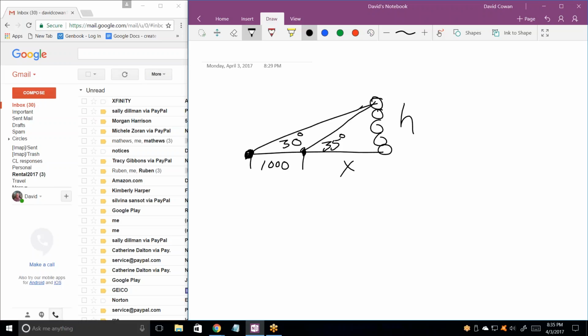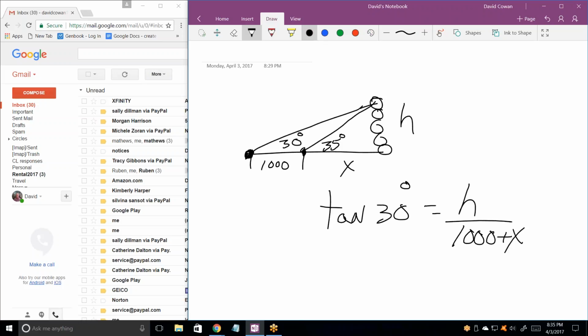Give me a trig function that relates x and h. Tangent of 30 equals h over 1,025.